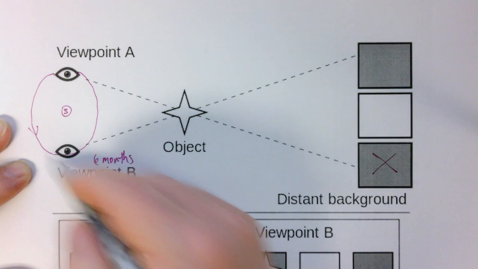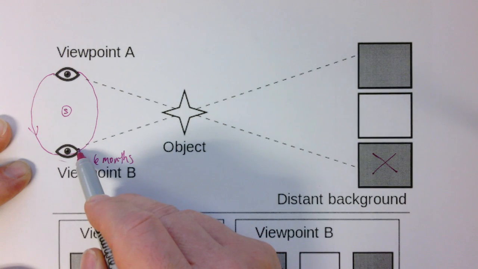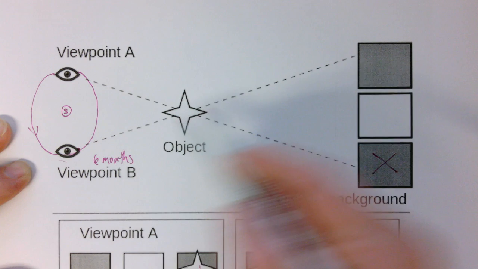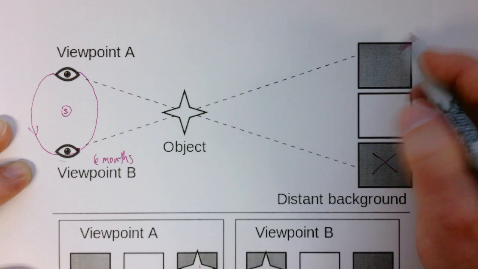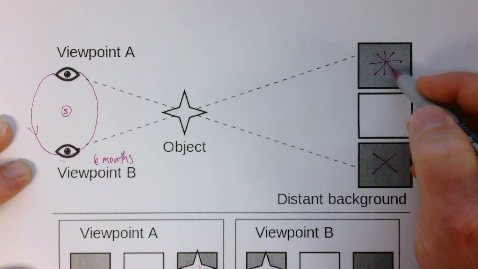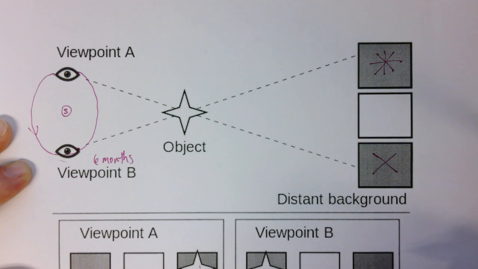As we revolve in our orbit and come over to this position 6 months later, the star will now appear to be over here, in that location from viewpoint B. Viewpoint B would be here.